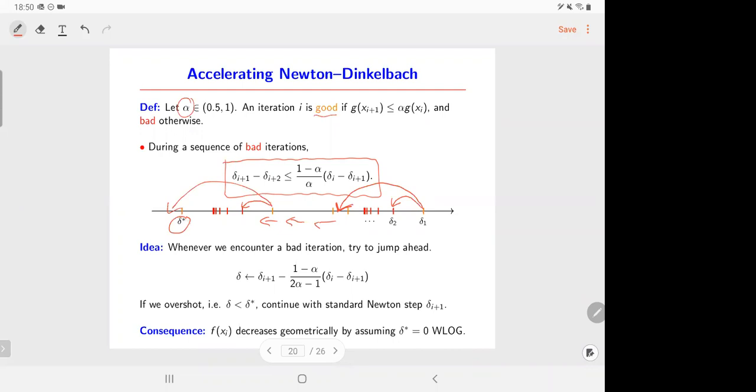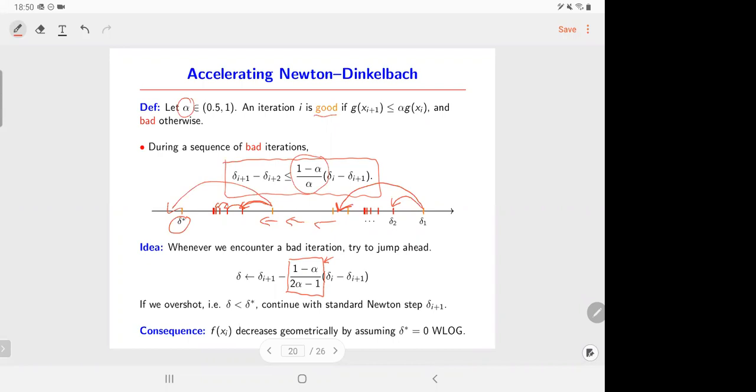Then what we do now is we say, okay, jumping ahead doesn't work, so we'll just follow the conventional Newton iterates. So this is essentially the idea of looking ahead. And this is the amount by which we jump. And this is really just the sum of the geometric series whose factor is given by this.